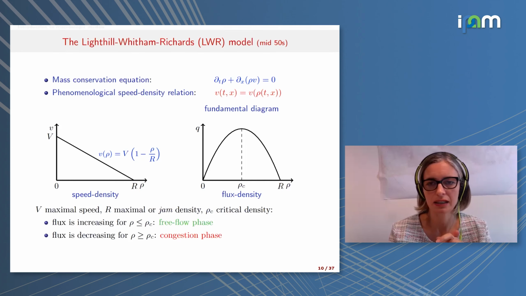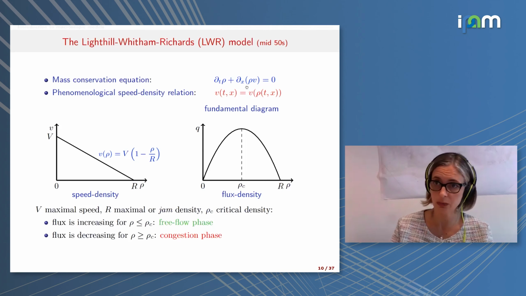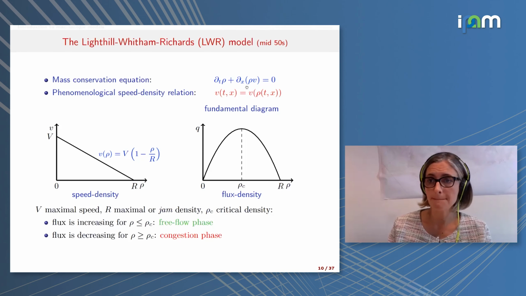And it just consists in the mass conservation equation that we just derived before, plus a closure relation that allows to have one equation with a single unknown.